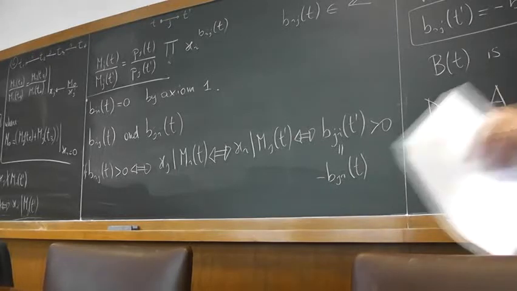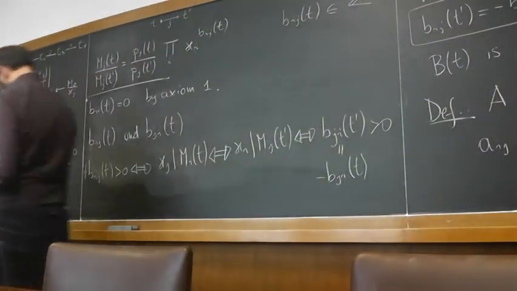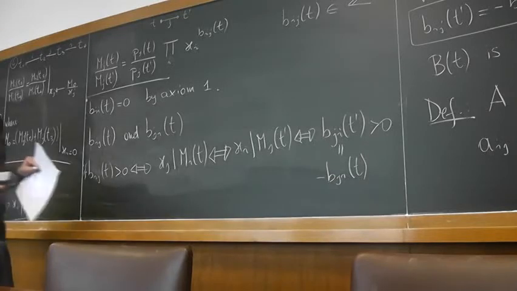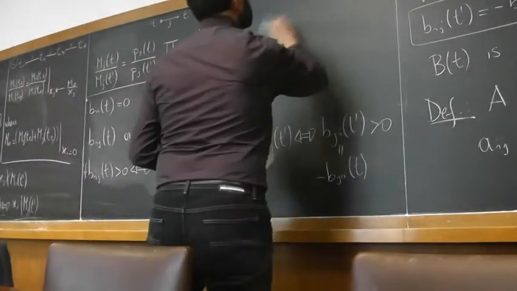So all these matrices are sign skew symmetric. Of course, this is not enough to be sure that we have an exchange pattern satisfying all these properties. And what we need now is the concept of a mutation of a matrix. So I can give you this definition.